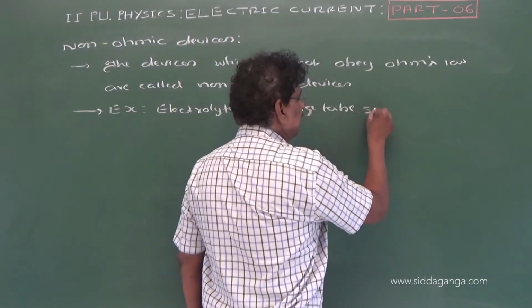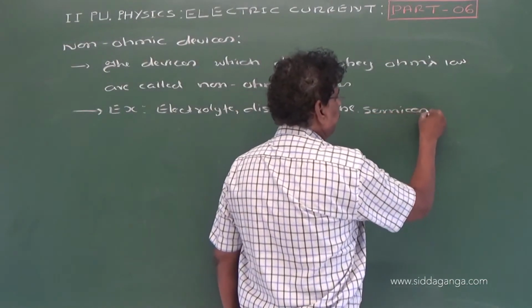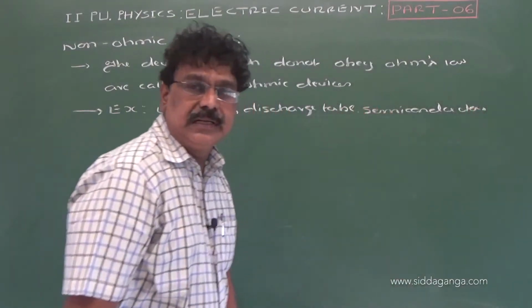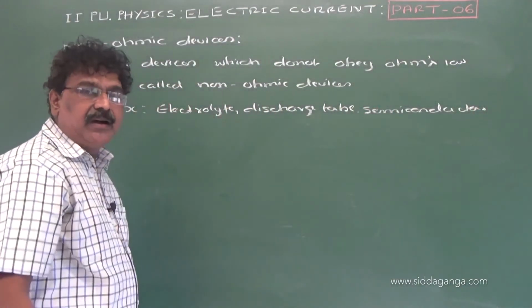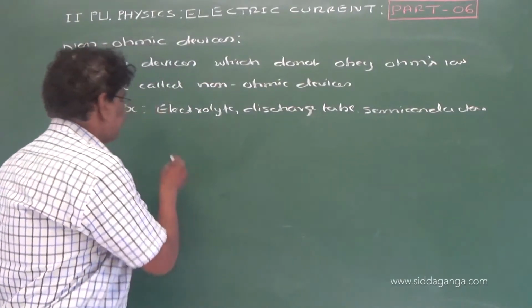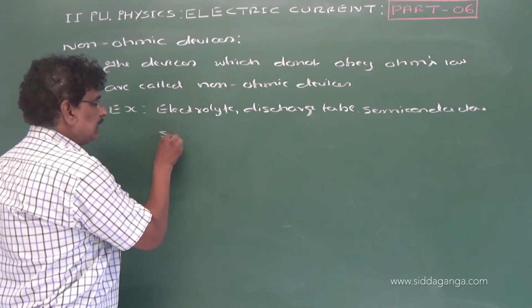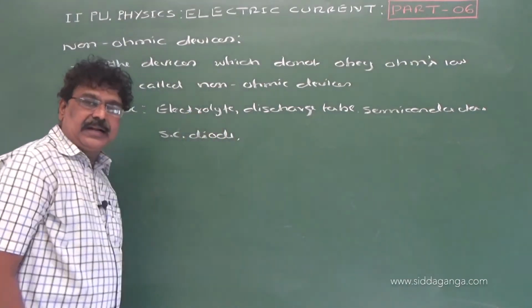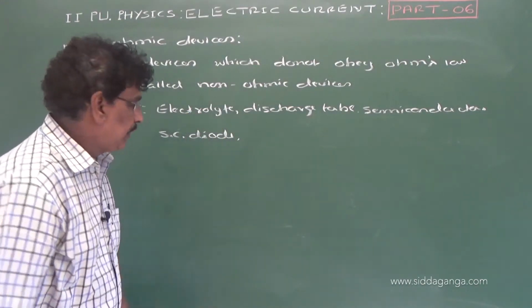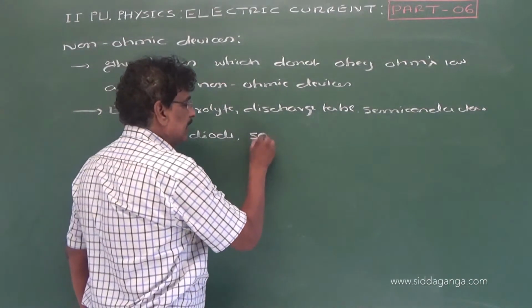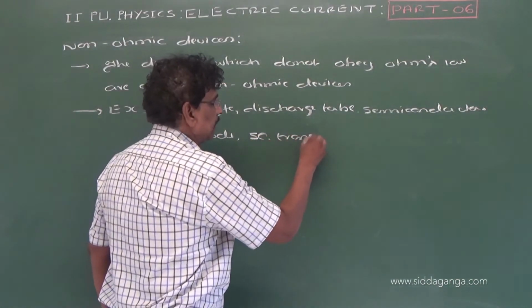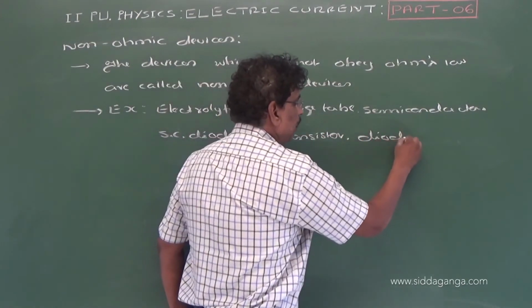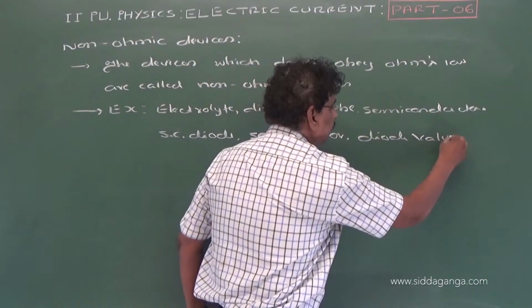Now, semiconductors: germanium, silicon, and oxides of metals, semiconductor diode or junction diode, semiconductor transistor. Diode valve, right?